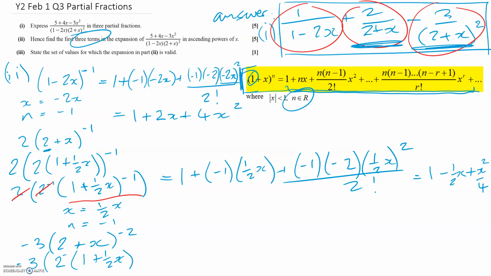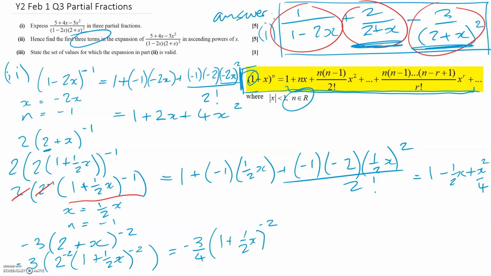This time we need to put minus 2 here and a minus 2 here. So 2 to the power minus 2 is going to be a quarter. So at the front of this, we're going to have minus 3 quarters. And then we need to times that by 1 plus a half x all to the power of minus 2.